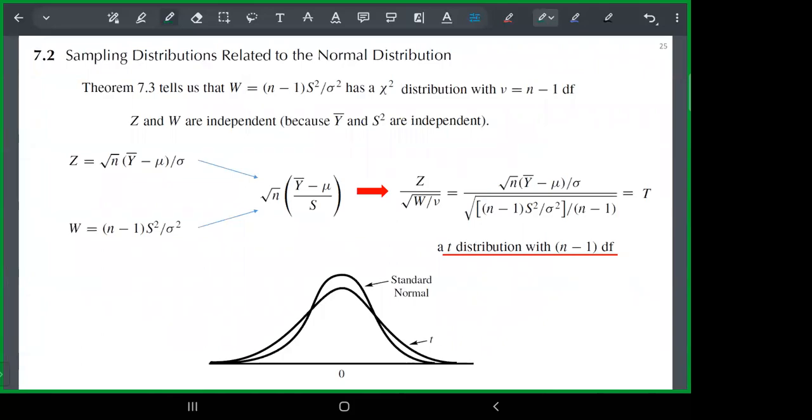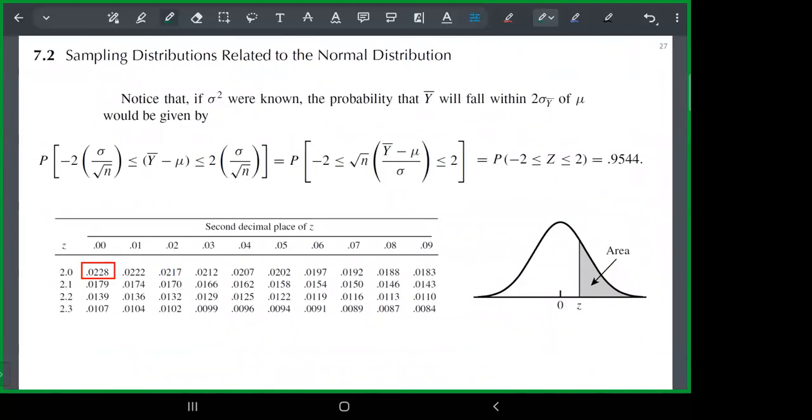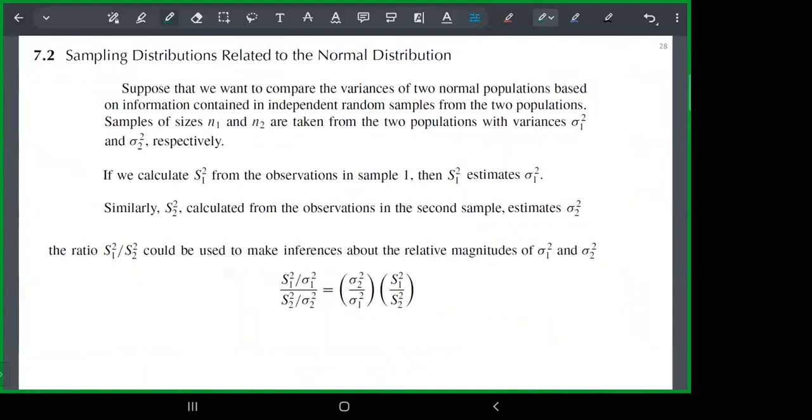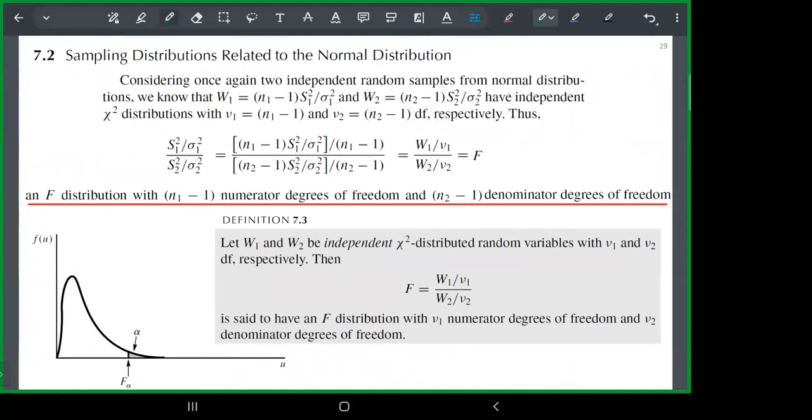If you can dig a little bit deeper into this handout, I can even have you look at the ratio. You can even build the ratio between S1 and S2, which are the variances of sample 1 and sample 2. And this will give you another type of distribution. We call it an F distribution, which comes from two chi-square distributions and comes in the proportion or ratio between the two. Love it.